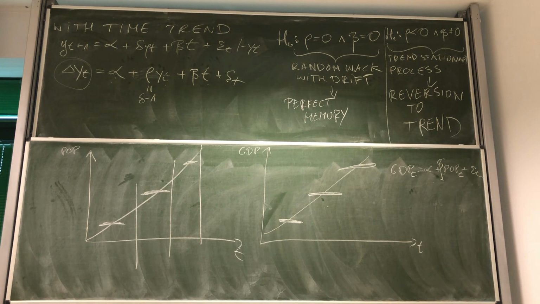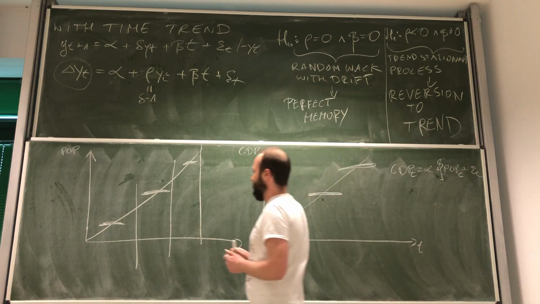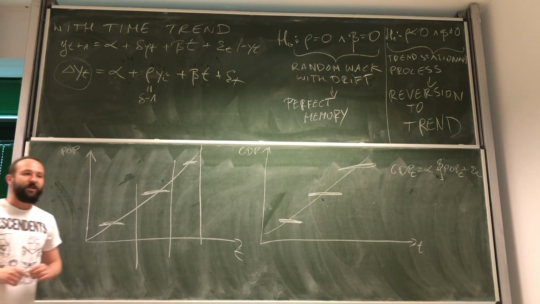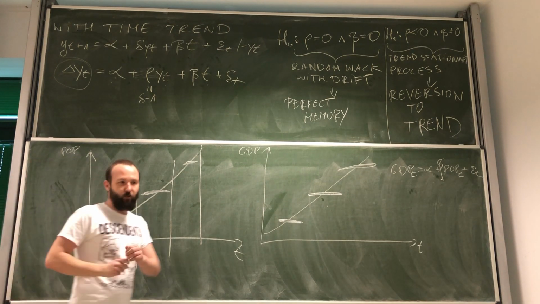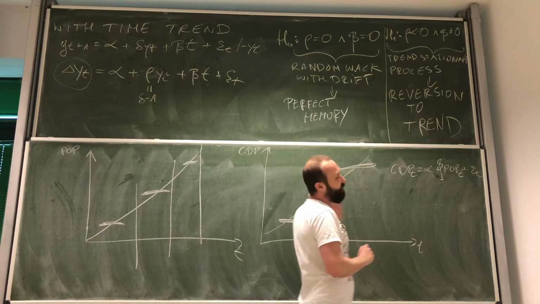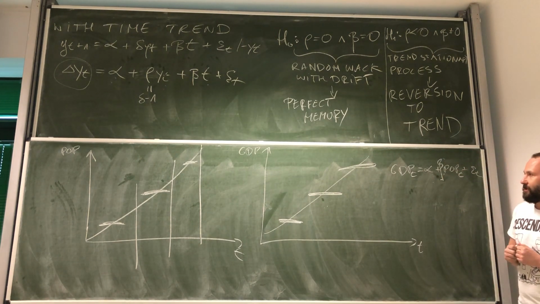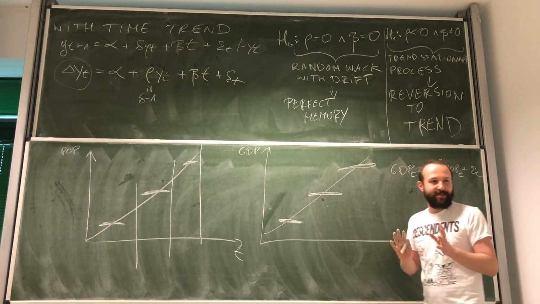However, depending on the nature of a data generating process, so whether it is a random walk with drift, or for example, a trend-stationary process, we should do it in a different way.